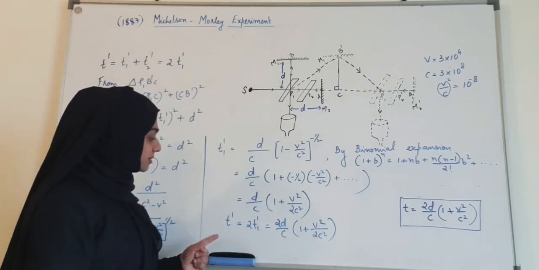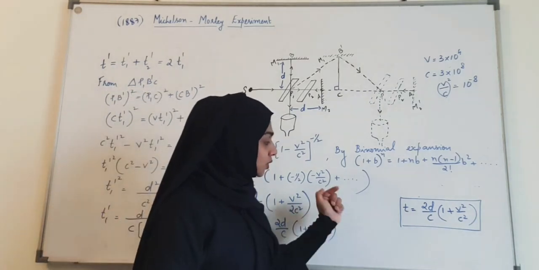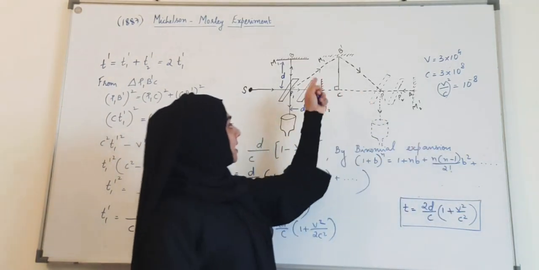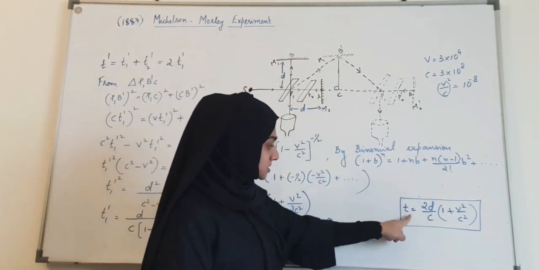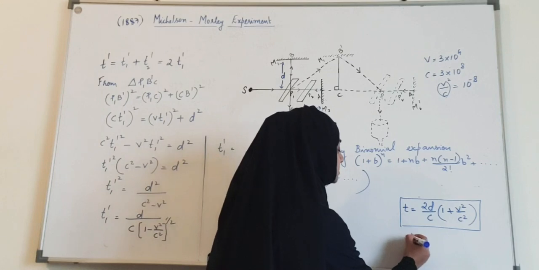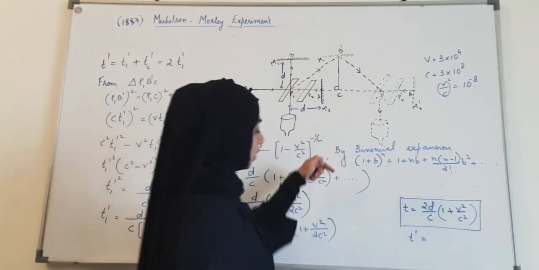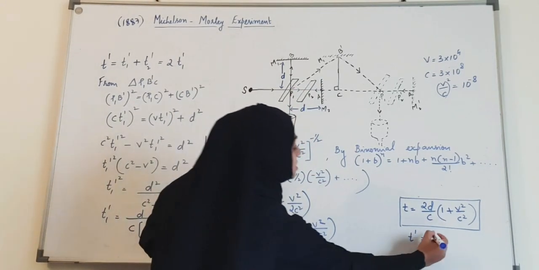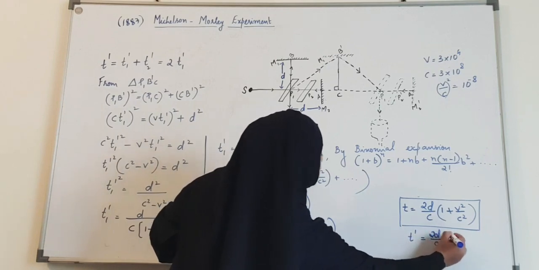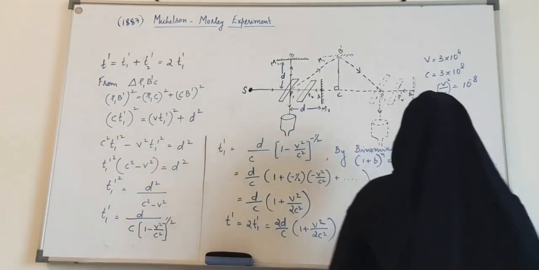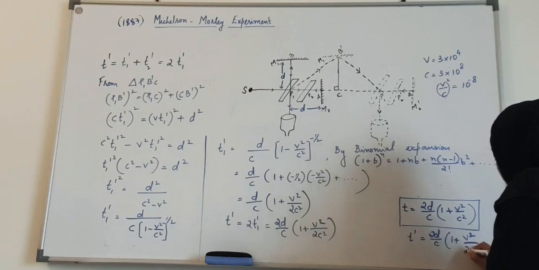So we have the time taken by light ray to go towards mirror M2 and come back as this expression, and the light takes a time to go up and come down, which is 2d by c times 1 plus v square by 2c square.